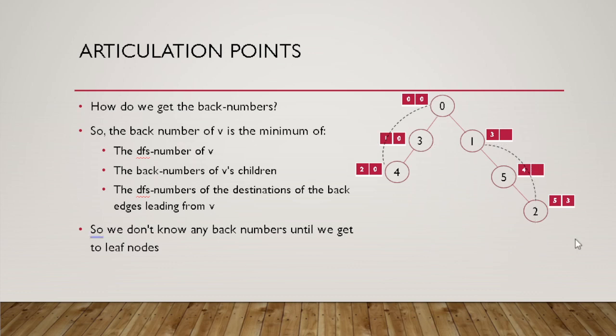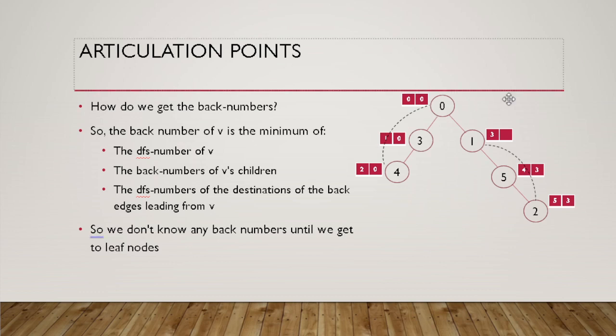Okay. For vertex 5, its back number is the minimum of its own DFS number, which is 4, the back numbers of its children, it's got one child which has the back number 3, and the DFS numbers of the destinations of its back edges, and it doesn't have any back edges. So that means it's the minimum of 4 and 3, which gives us 3.